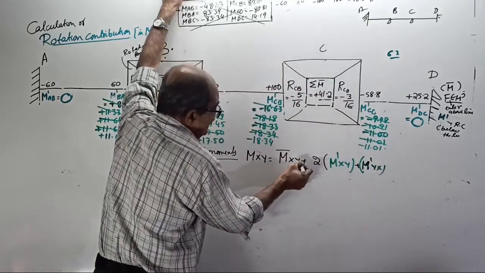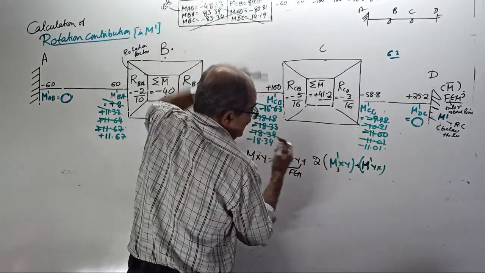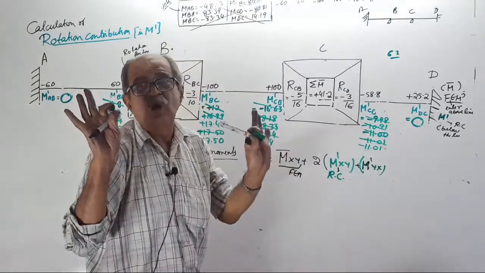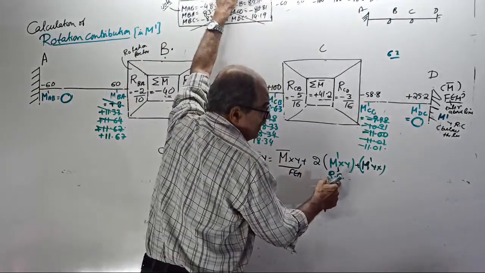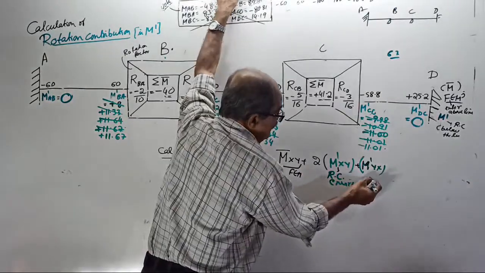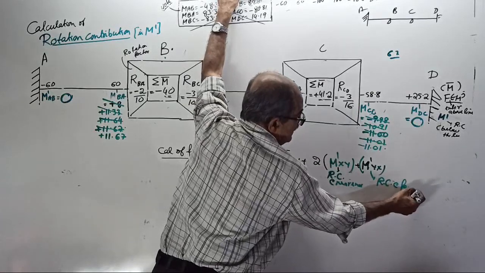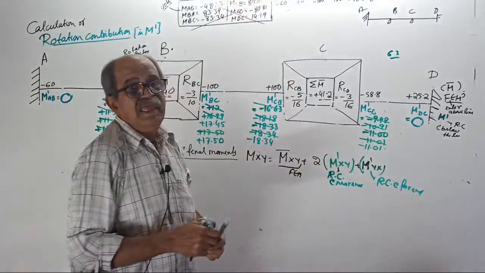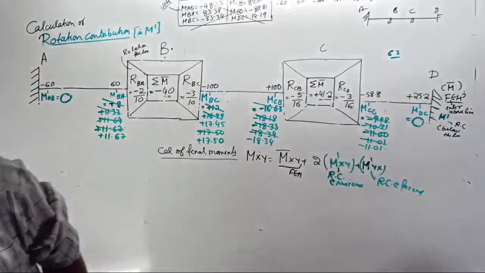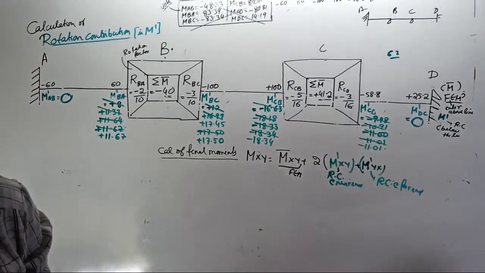This is the fixed end moment. This is the rotation contribution at the near end. This is the rotation contribution at the far end. Fully clear? Tell me, full clear?